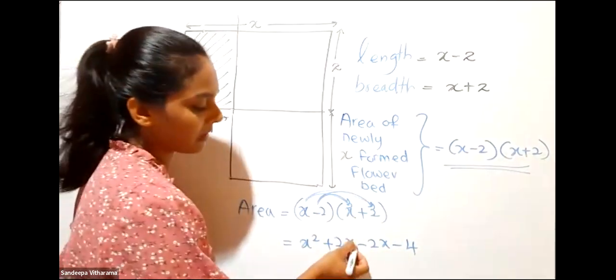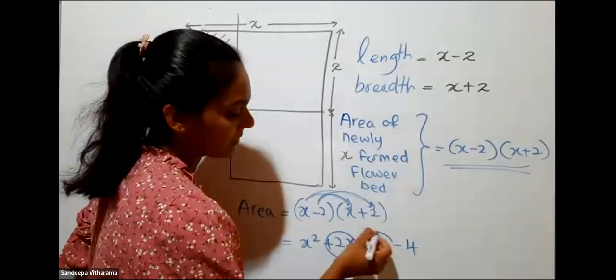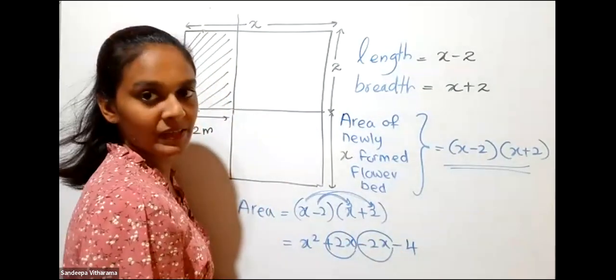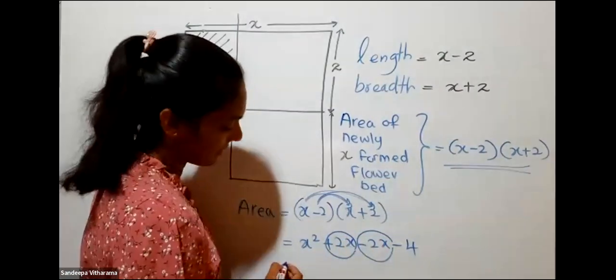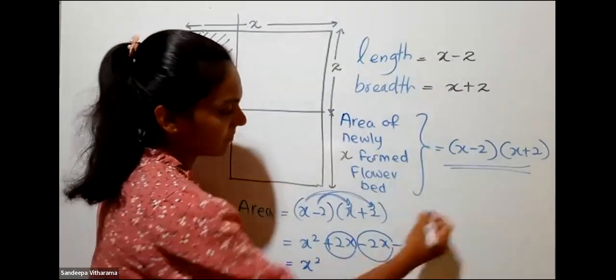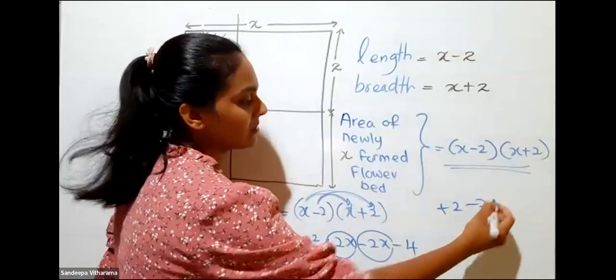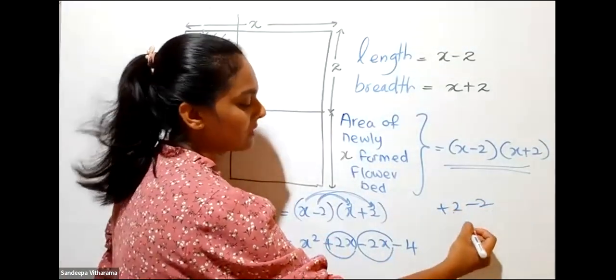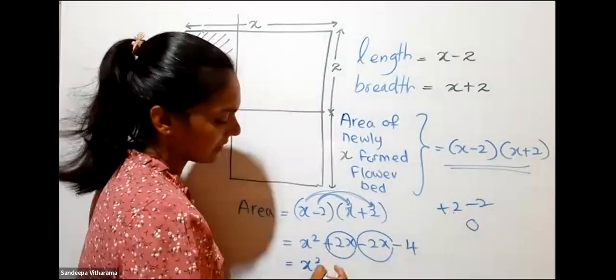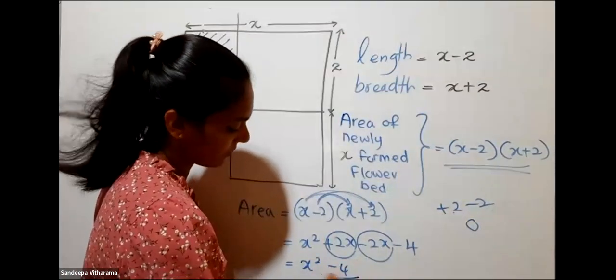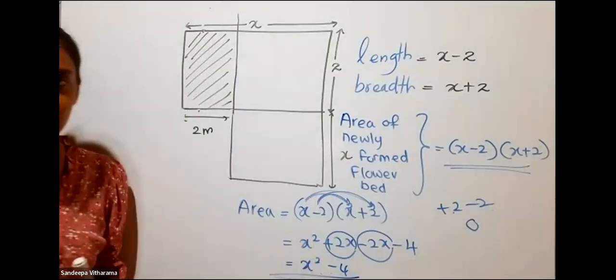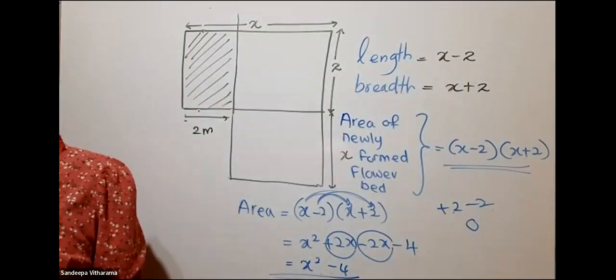The 2x and minus 2x have a plus and minus, that means the answer is 0. Plus 2 minus 2 means 2 subtract 2, it is 0. Here there is no need to write 0. x squared minus 4. Then the area is equal to x squared minus 4.